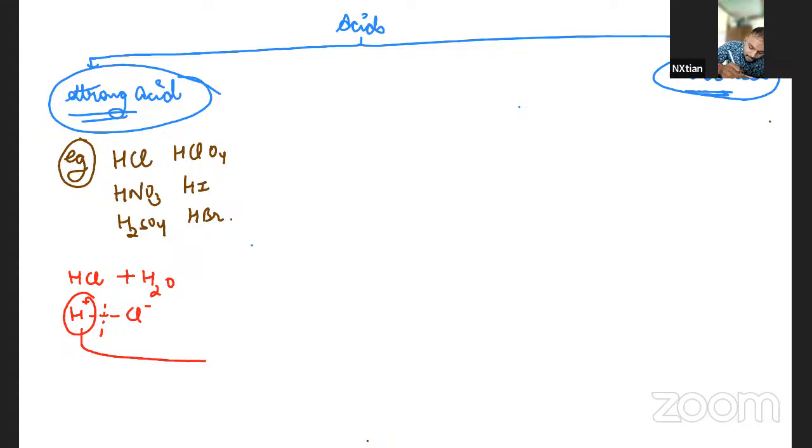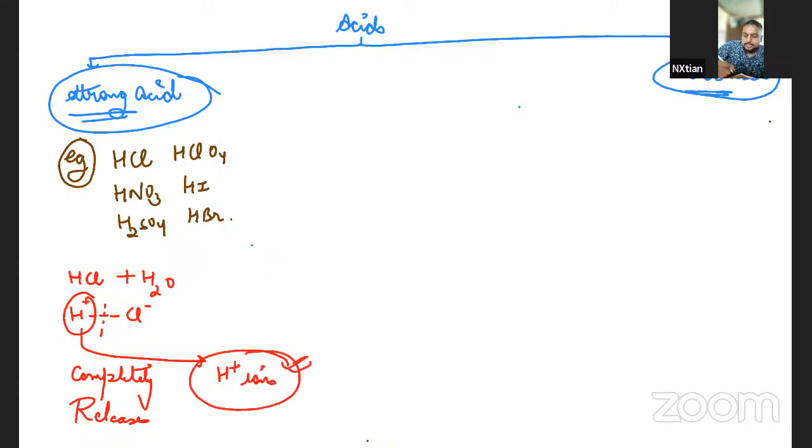So they completely release H plus ions. That's why they are called strong. For example, if the acid has 5 H plus ions, they will fully release all the H plus ions.